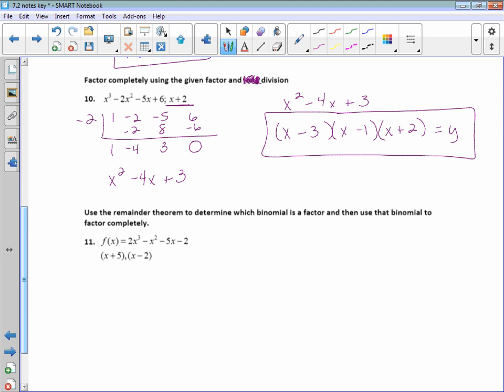Use the remainder theorem to determine which binomial is a factor, and then use that binomial to factor completely. Do you guys have any idea what that means? You do one. You see if it gets to 0. Yes. Perfect. And then after you get the one that's 0, yes, very good. So which one do you want to start with, x plus 5 or x minus 2? x plus 5 first. Okay.